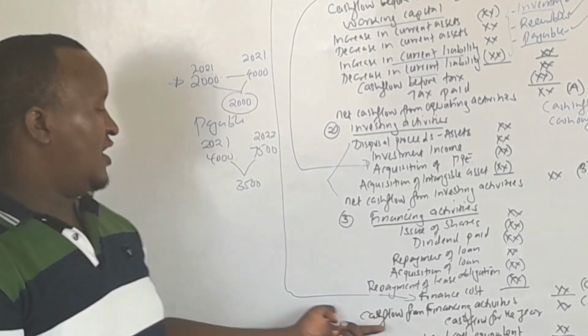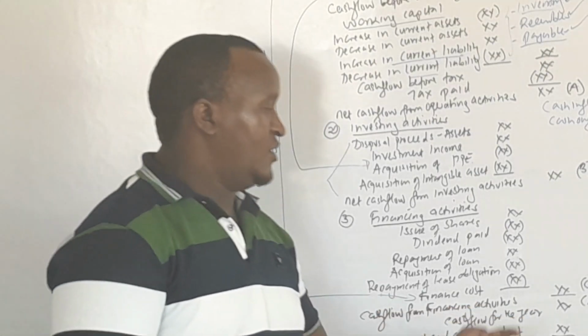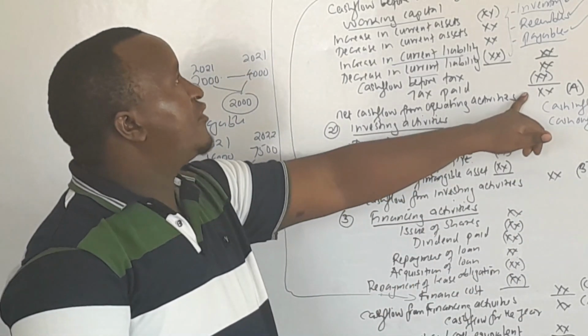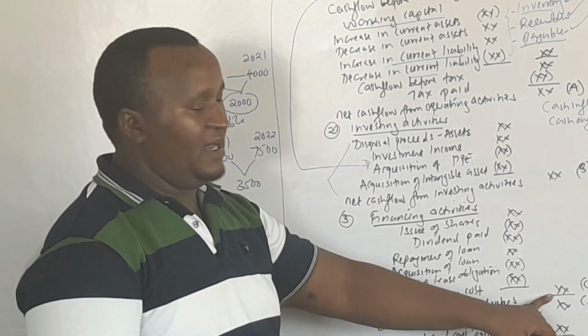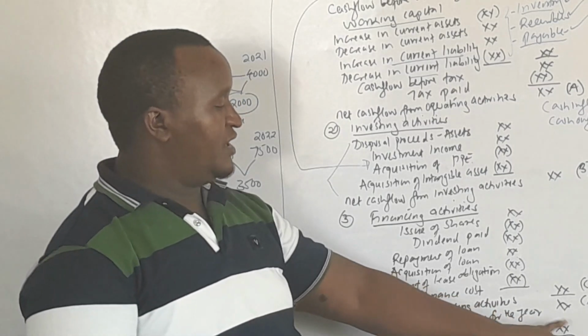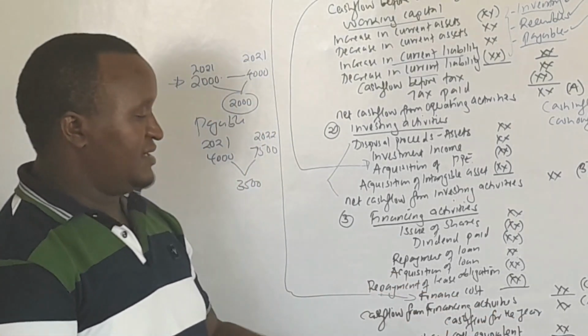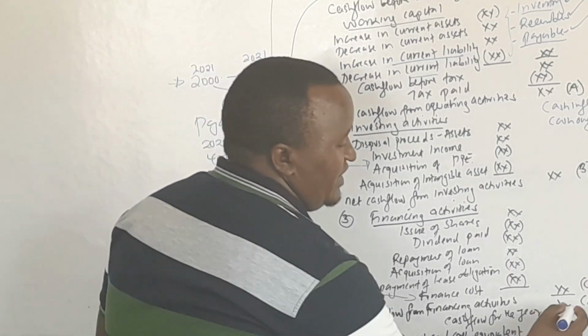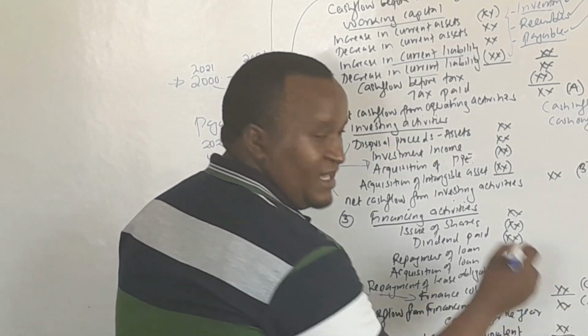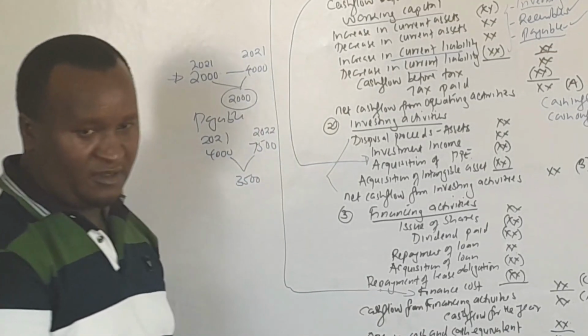After that, we shall get the cash flow for the year, adding the net from operating, the net from investing, and the net from financing. We get the net cash flow during the year, we add the opening cash and cash equivalents, and we compare. So remember these two: when you take this plus this, you should get the end. It is a reconciliation statement.